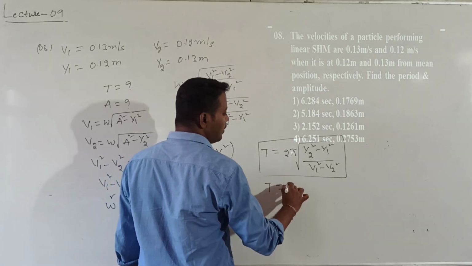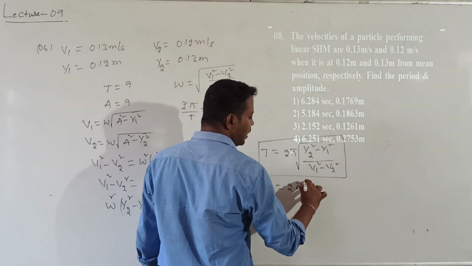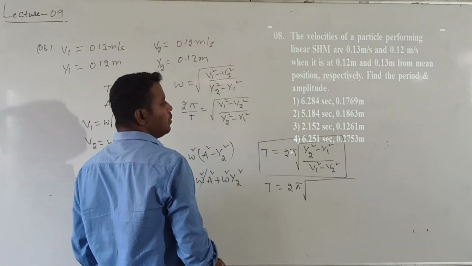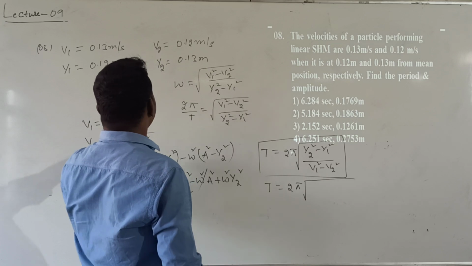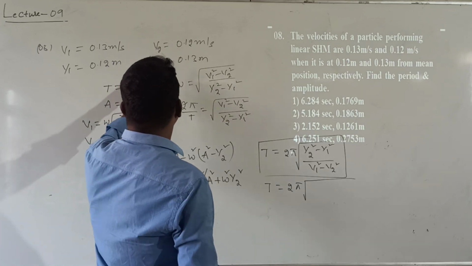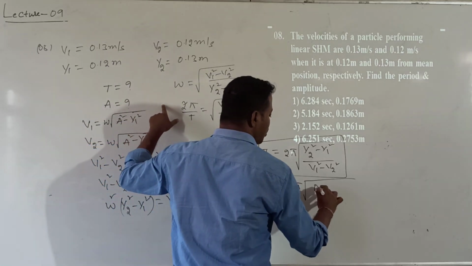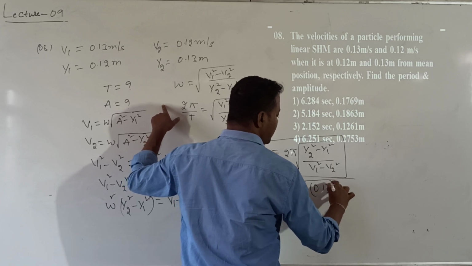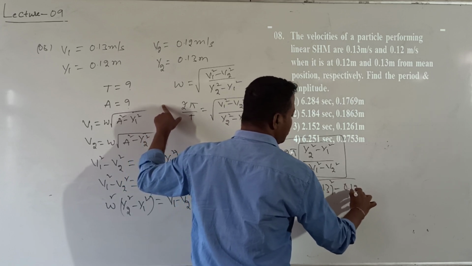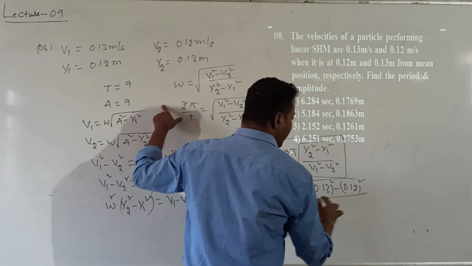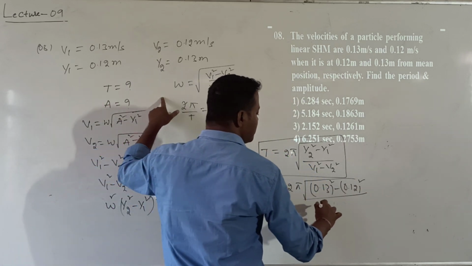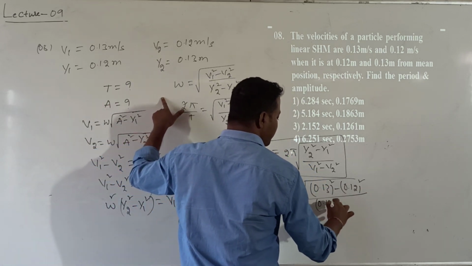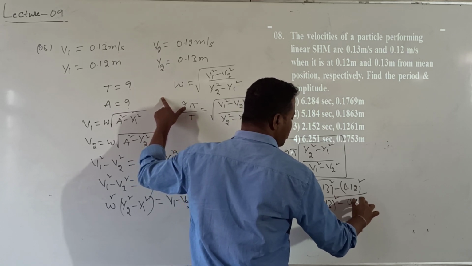Now substitute: 2 pi into root over y2 square minus y1 square, which is 0.13 whole square minus 0.12 whole square, divided by v1 square minus v2 square, which is 0.13 whole square minus 0.12 whole square.